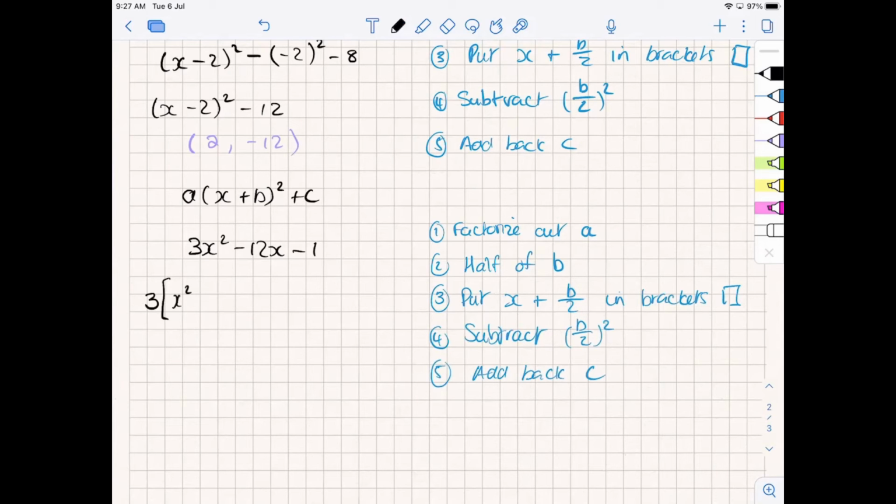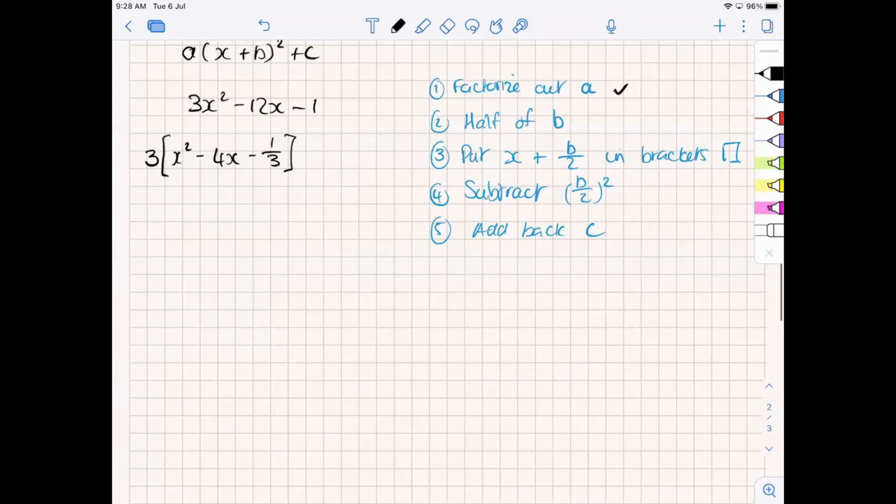I'm going to be left with x squared minus, well, what factors out of 12 when you take out 3? You're going to get 4x. And then unfortunately minus 1/3, because if I multiply 3 by negative 1/3, I will get minus 1. So there we go, I factorized out a.